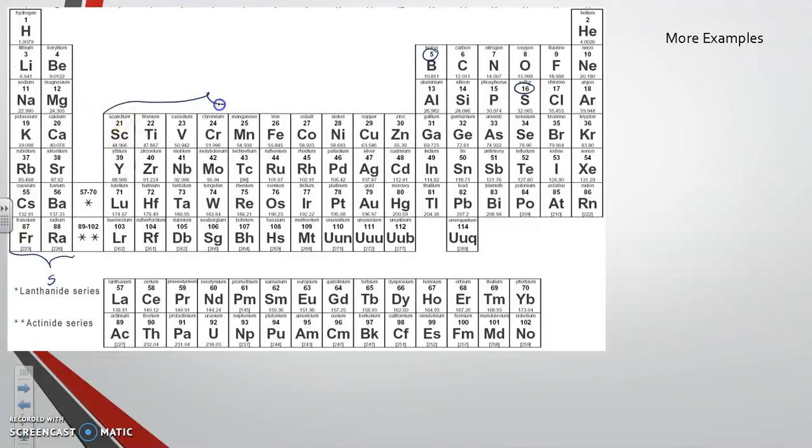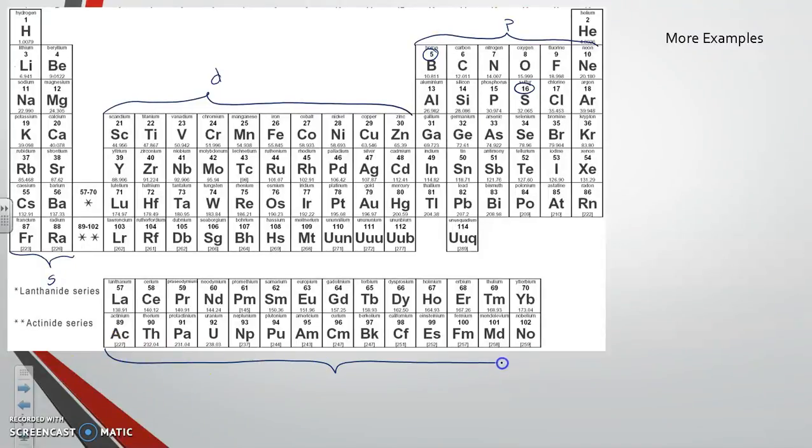This is the D subblock. The P. And these are the F's down here. And don't forget, when you get to D and F, you subtract from the energy level, N minus 1 and N minus 2. Okay, so to get to boron, we need to fill in 5 electrons.